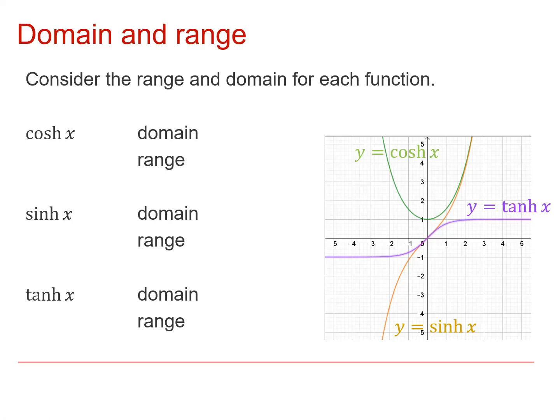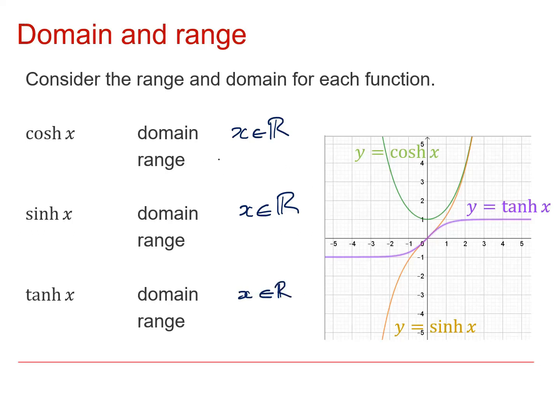So let's look at the domain and range for each of these functions then. The domain for cosh x, well, it can be any value at all, so we say that x is a real number, and indeed for sinh x we get the same thing. X can be any real value, and similarly for tanh, x can be any real number.